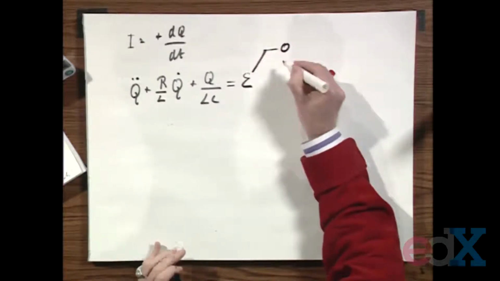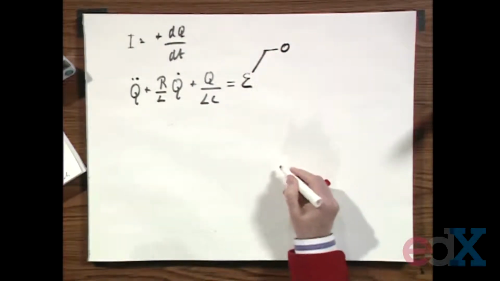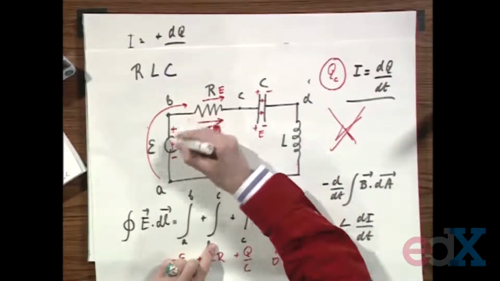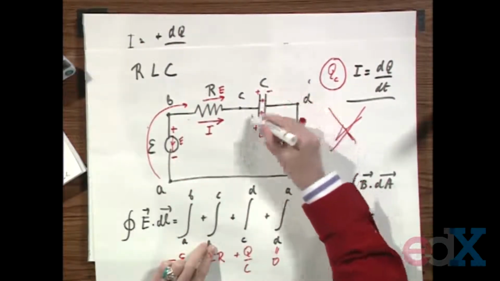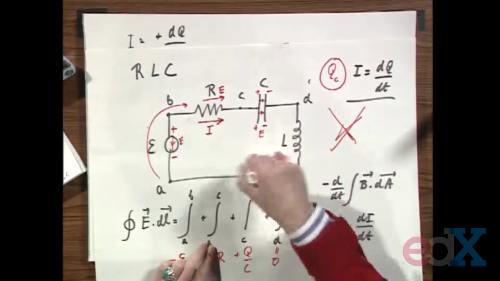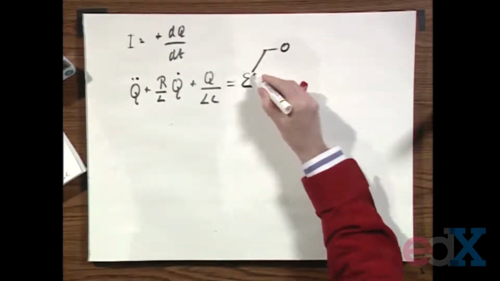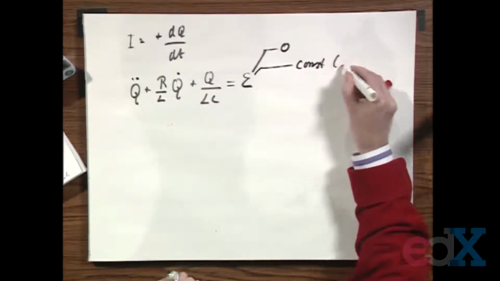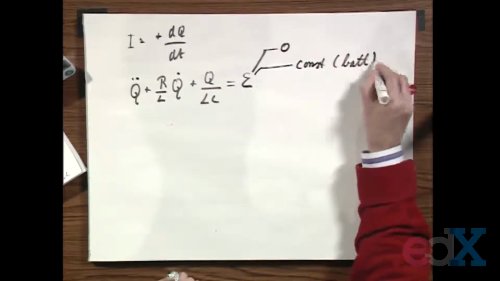It could be zero. It's not necessary that there is an EMF. It could very well be that this is just short-circuited and that we start at some initial condition when the capacitor is charged, we throw a switch and some currents will begin to flow. So E could be zero. There's also a possibility that E is constant. We would call that a battery.